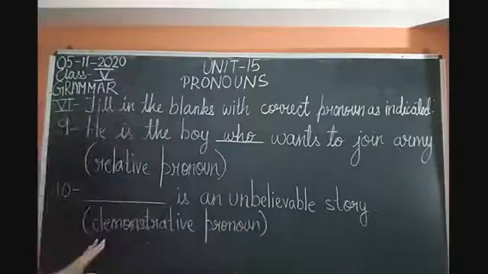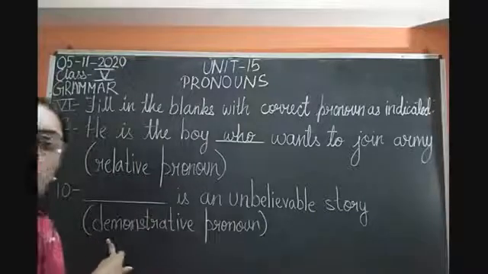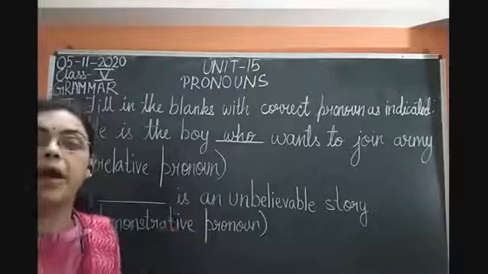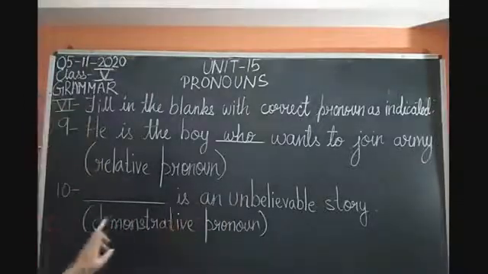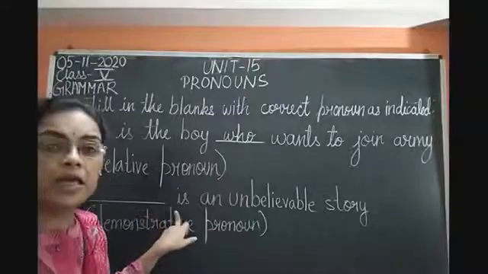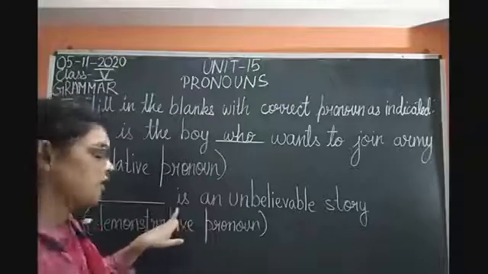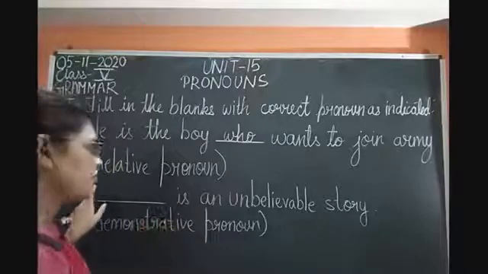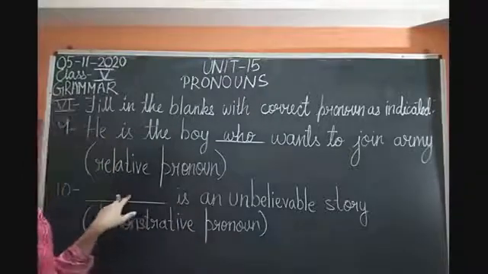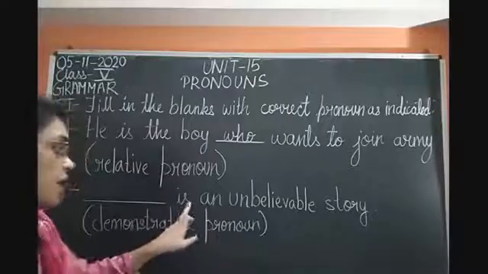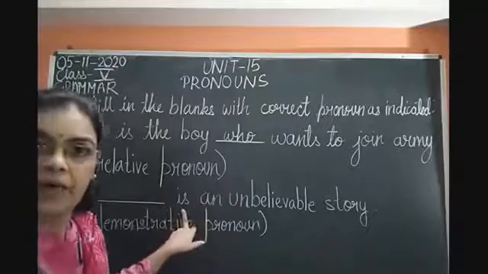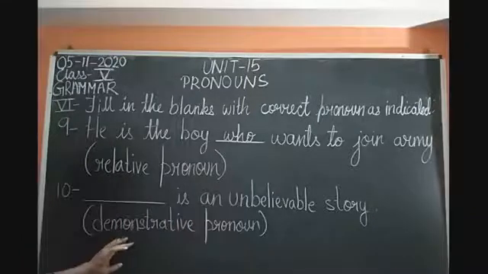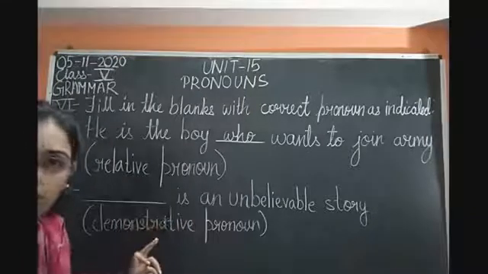So, there are 4 demonstrative pronouns, right? This, that, these, those. We need to keep in mind that demonstrative pronouns are always followed by the helping verb. And here the helping verb is is, so we can either fill the 10th blank with this or that. Because this or that we use with is, singular, isn't it? And these and those, we would use if it were are.